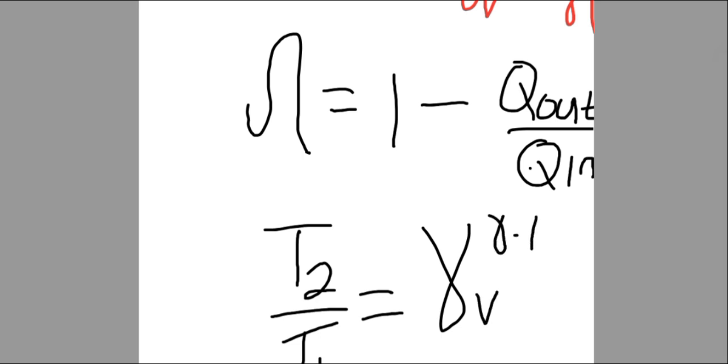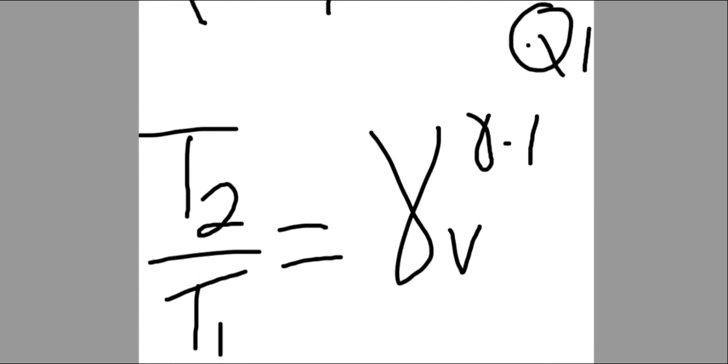I think I've solved questions under this and how we got to this point, which is T1 V1 raised to power gamma minus 1 equals T2 V2 raised to power gamma minus 1. But V1 over V2 is our compression ratio, which is how we got here. So for T2 over T1, we know that T1 over T2 would be the inverse of whatever that is here.